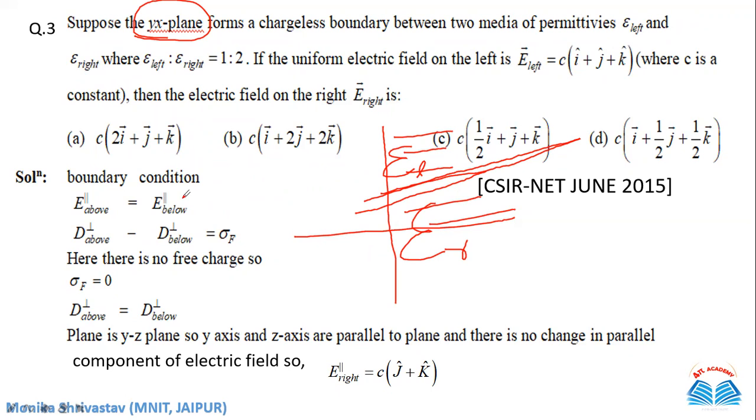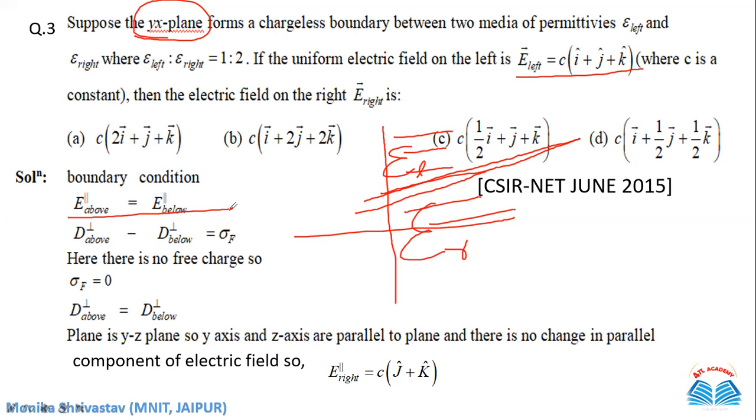Apply boundary conditions. In the lecture on electric field, I think lecture number 4 or 5, we studied boundary conditions on electric field, because we have been given the components of the electric field. So we'll use the boundary conditions: E parallel above equals E parallel below.